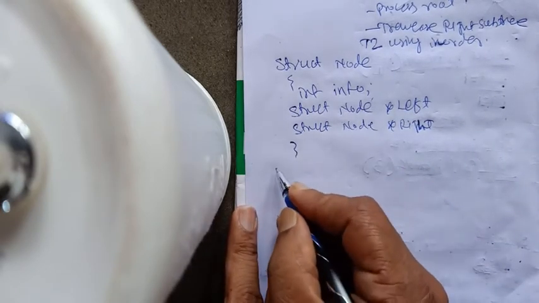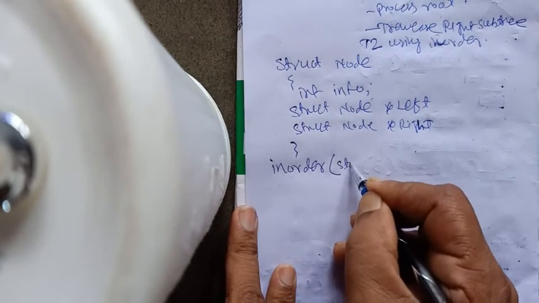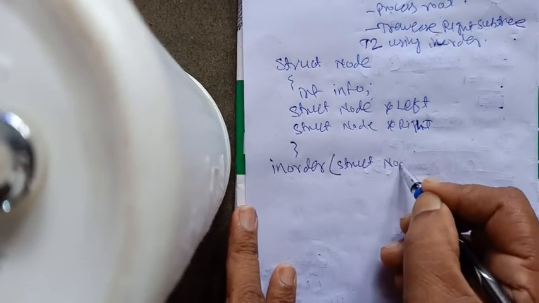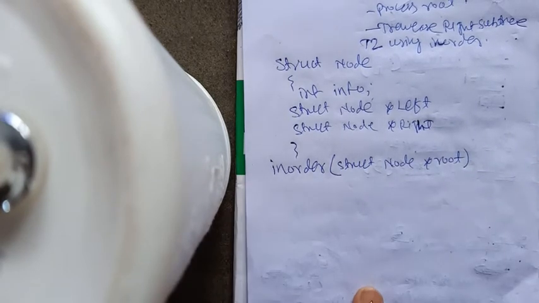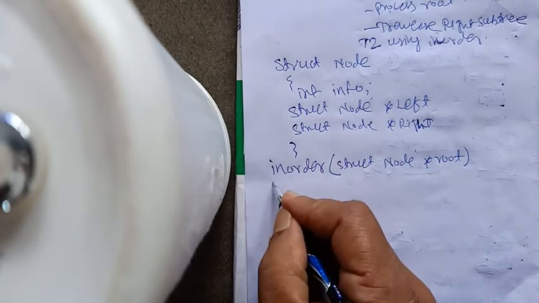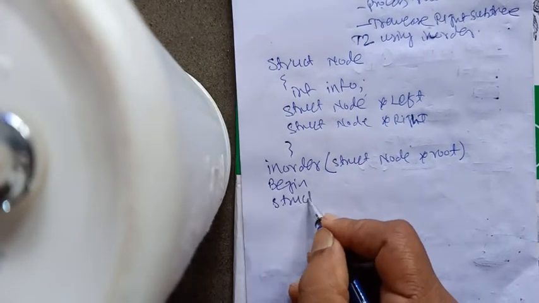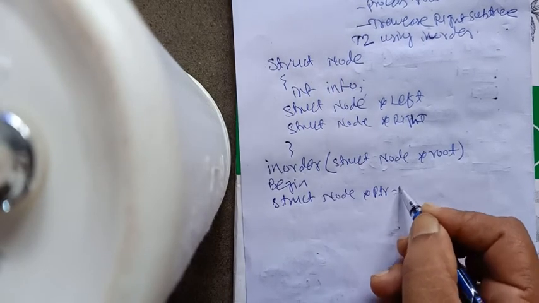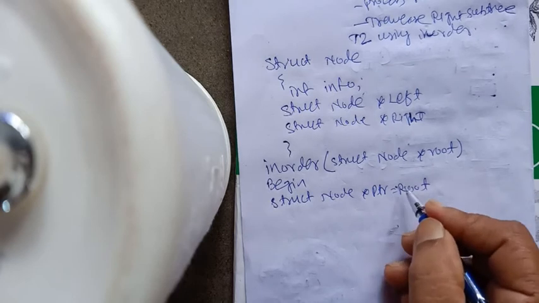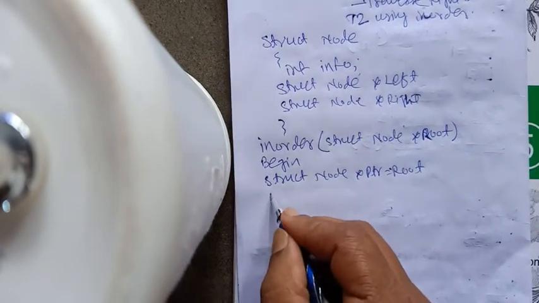Now we'll write the algorithm inorder(struct node asterisk root). So root means the root address is passed to the algorithm. So begin. At first we'll create a temporary pointer variable struct node asterisk ptr, and I will assign root in that ptr.